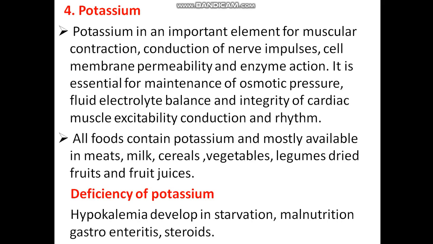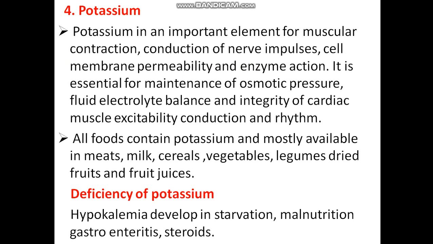Next is potassium. Potassium is an important element or electrolyte for muscular contraction, conduction of nerve impulses, cell membrane permeability, and enzyme action.